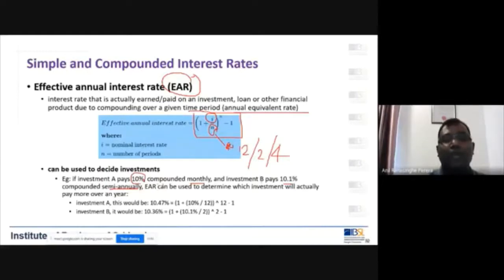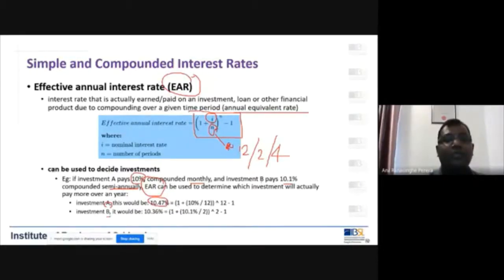To understand that, you have to calculate EAR, effective annual interest rate or annual equivalent rate. So for investment A, if you apply this formula, 1 plus 10%, the nominal rate, divided by 12, 12 is the monthly compounding, power 12, minus 1. If you solve it, you get 10.47%.